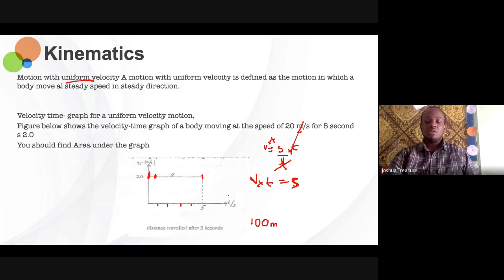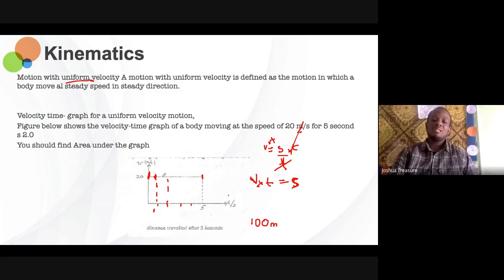So let's look at this. If we take the area for this section here, I think we're going too deep, but let's look at this quickly. 20 times 1, how much do you get? 20. Then we take the same thing again, 20 times 1.